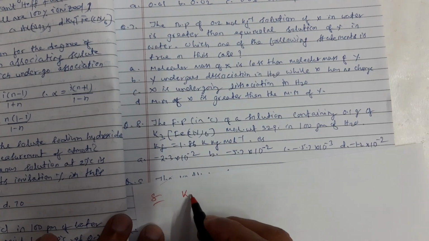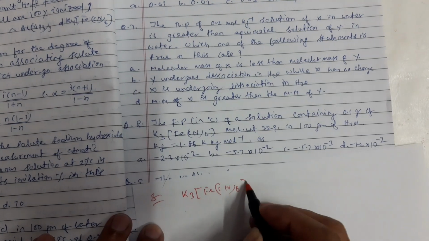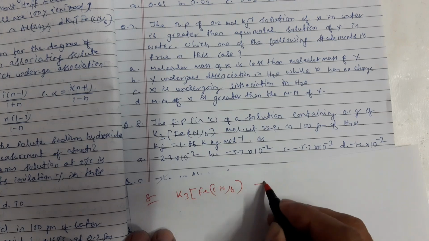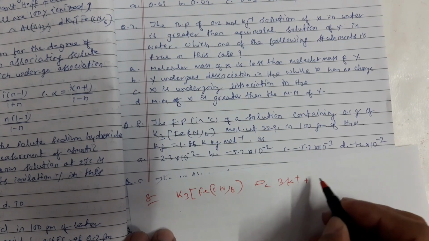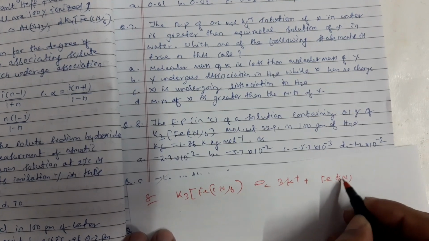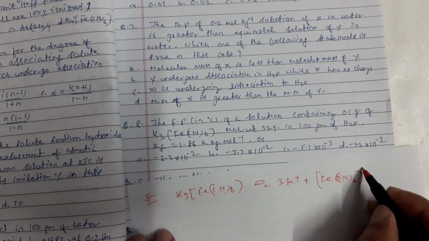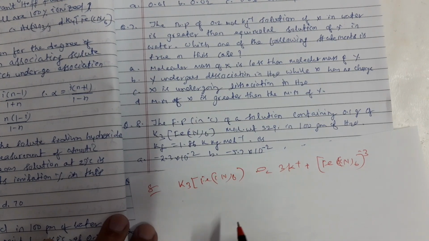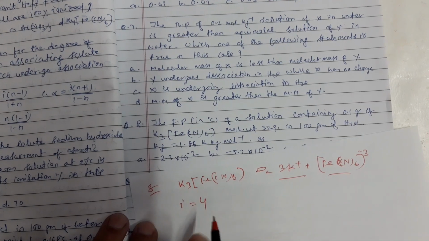The complex is K3[Fe(CN)6]. You are getting it dissociated as 3K plus and [Fe(CN)6] 3 minus. So here number of ions is 4.